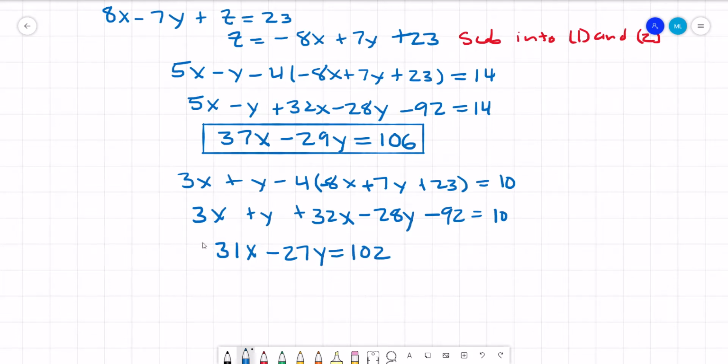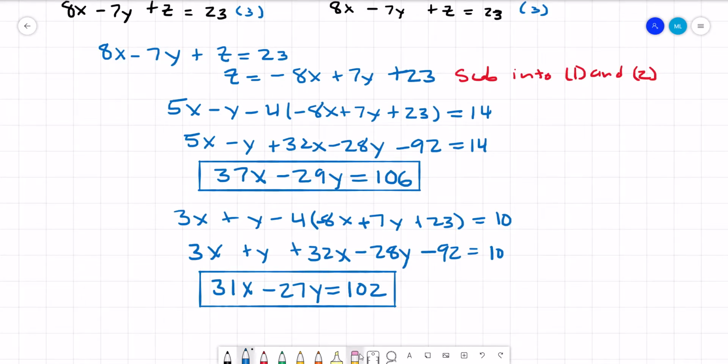Notice that this is actually the second equation in two variables now. So we can put that together and solve for both x and y. But let me correct this small error right here. That's supposed to be 35. So we have 35.